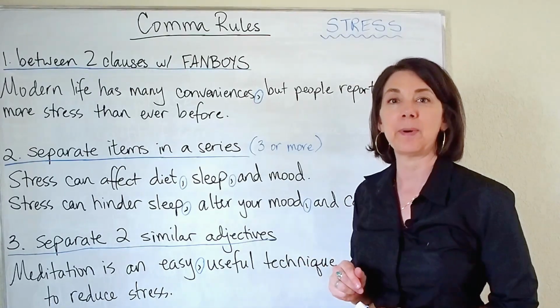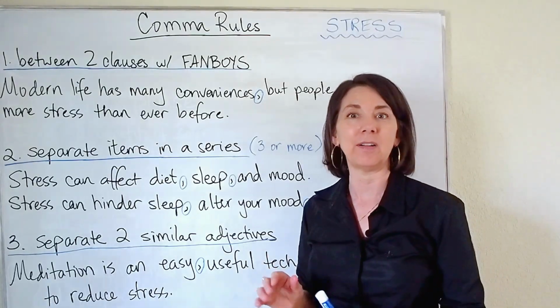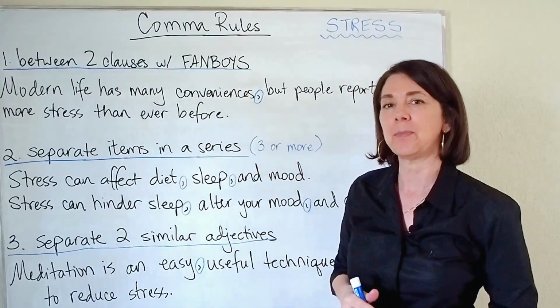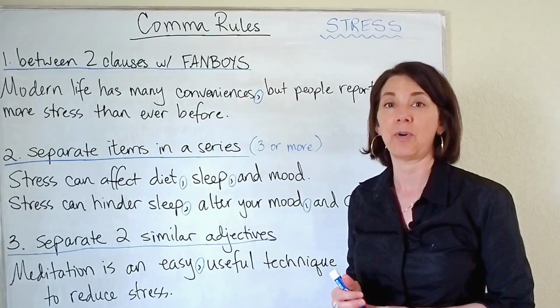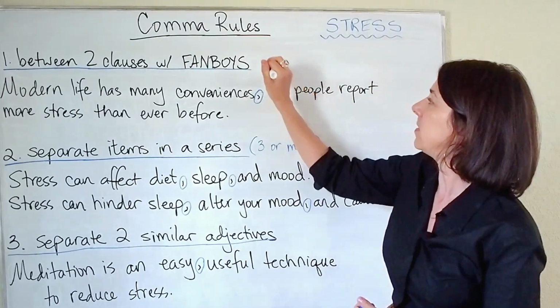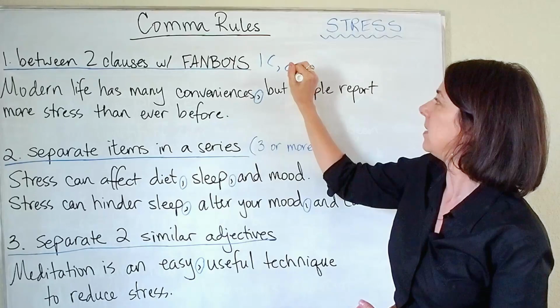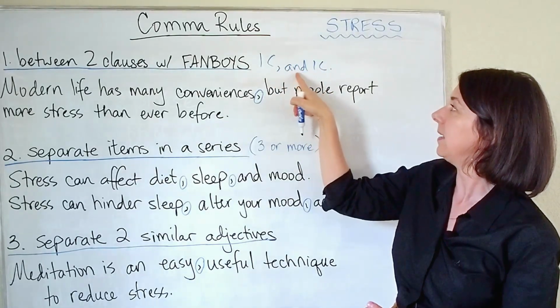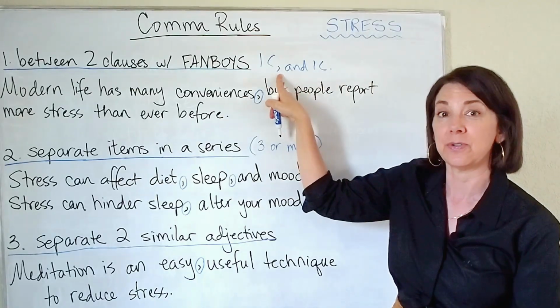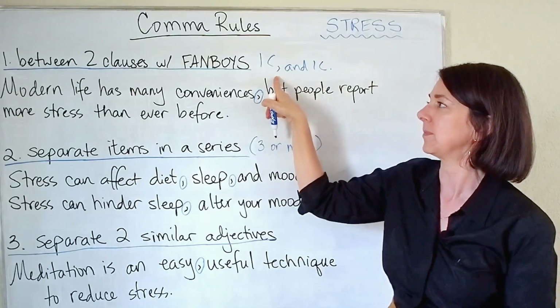And if you want to learn more about compound sentences, I have a video all about that. Remember that fanboys are the conjunctions for, and, nor, but, or, yet, and so. And we use these when we combine two independent clauses like this. For example, independent clause and independent clause, we're going to use a comma there before the conjunction.